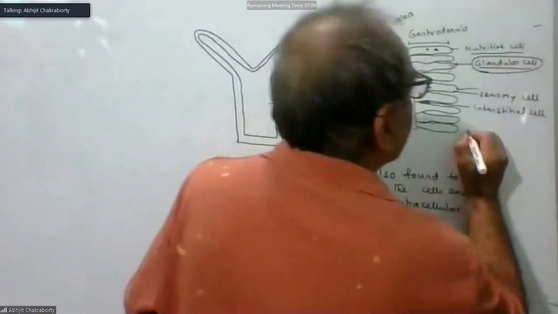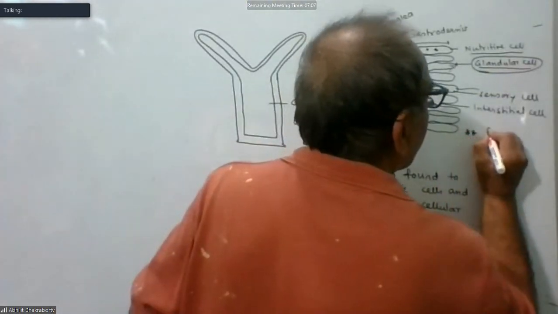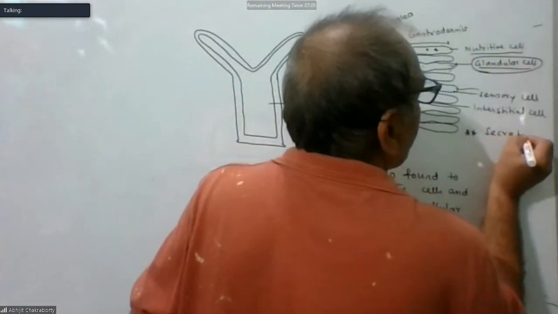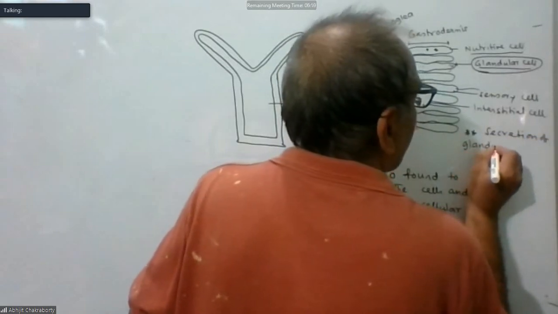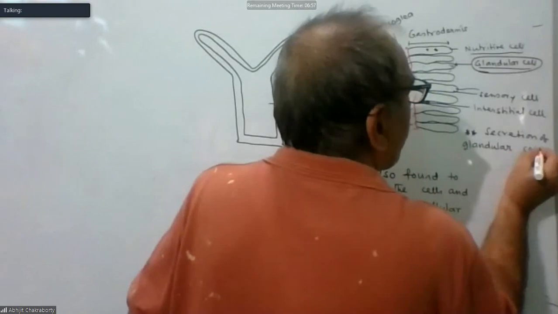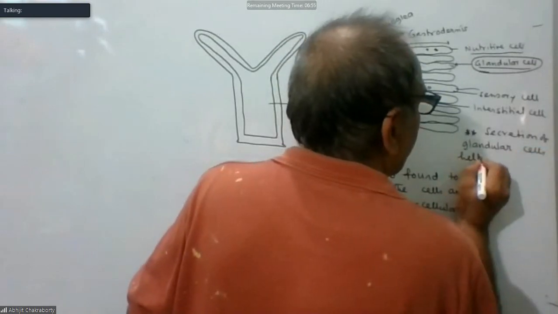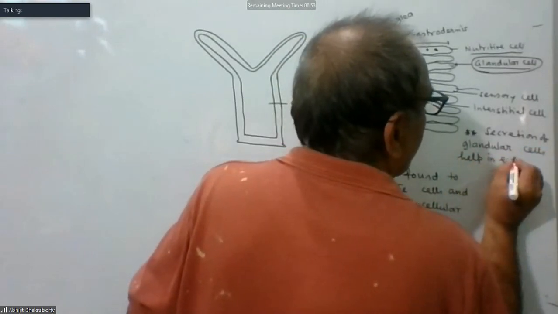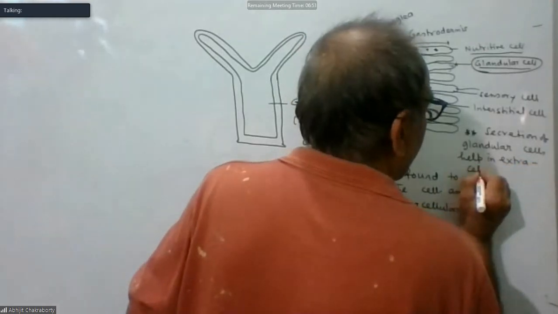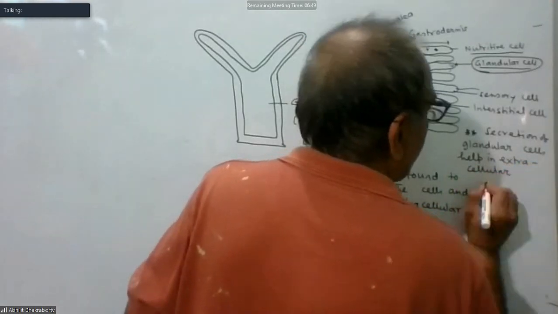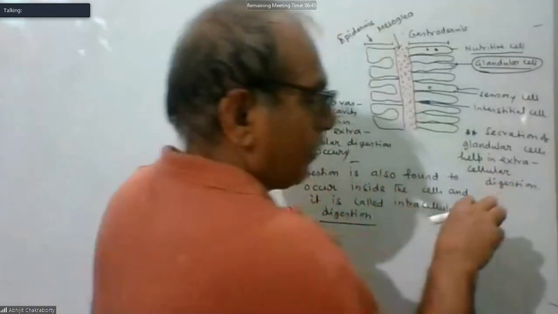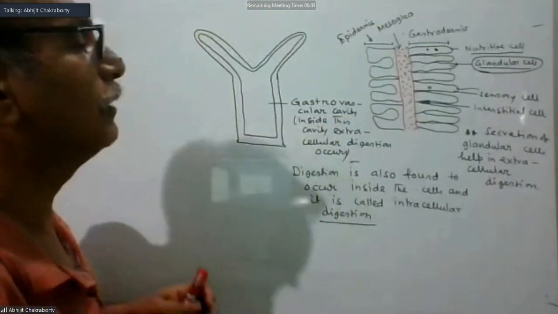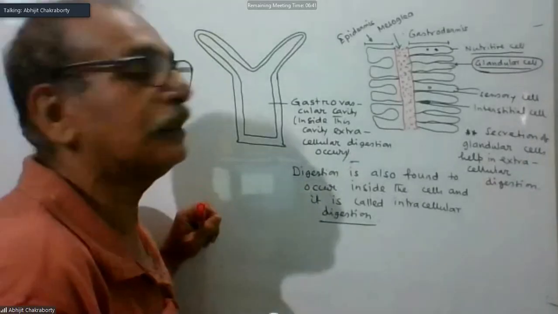That means I can write here: secretion of glandular cells helps in extracellular digestion.